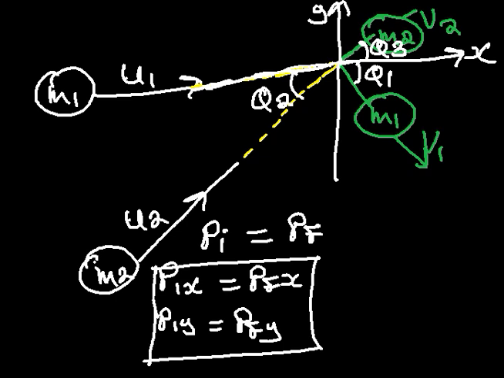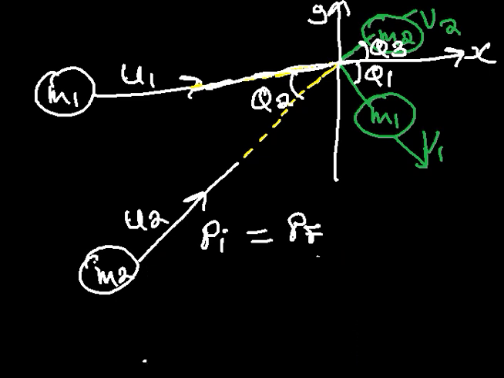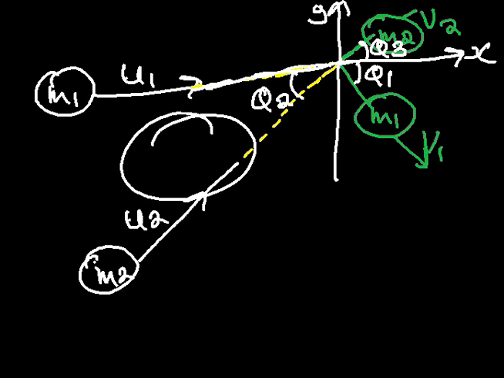Should be 2 formulas. So let's start with the momentum conservation along the x-axis. What would that be? Since this is an elastic collision, first you present the formula for the elastic collision.